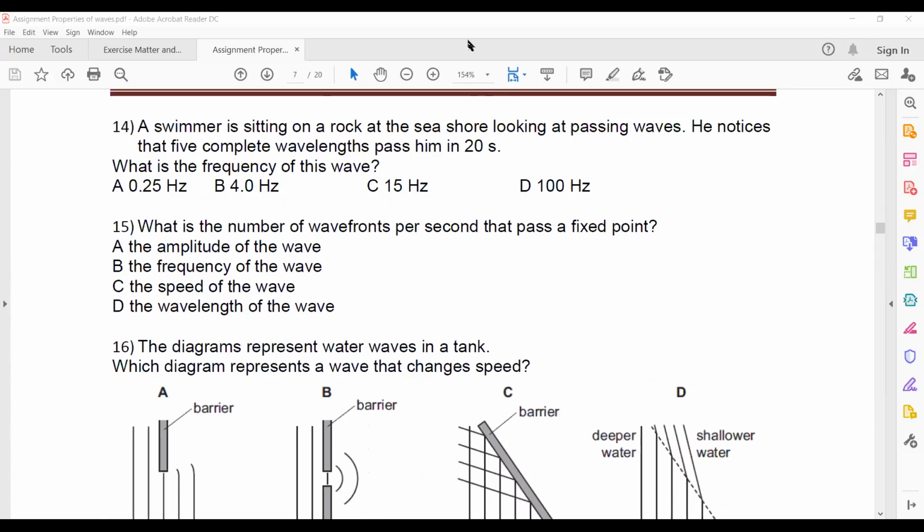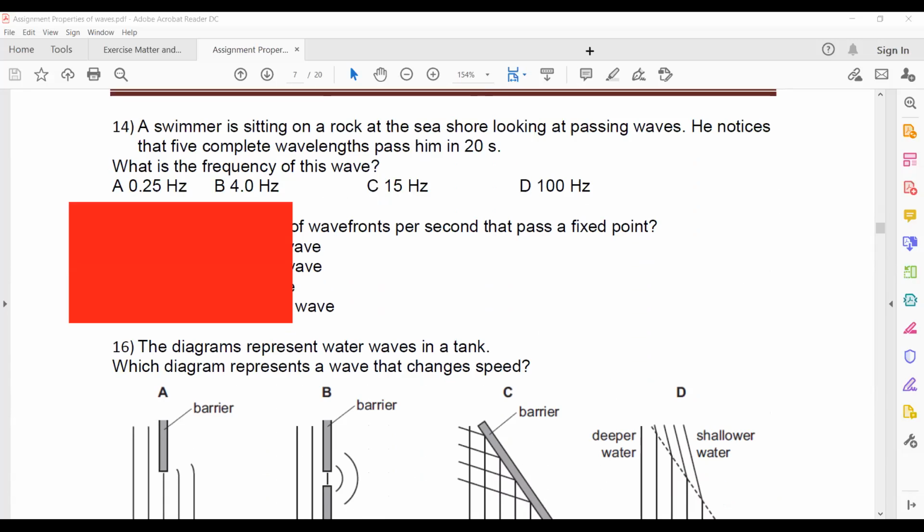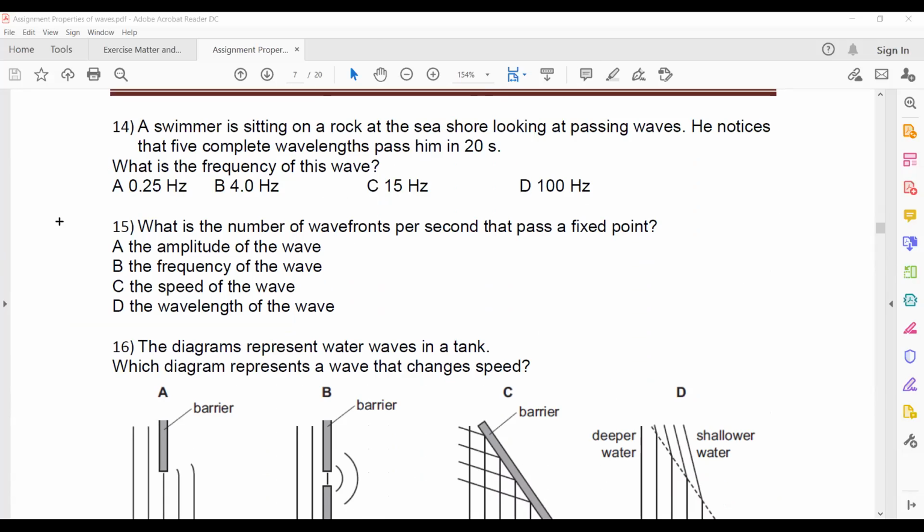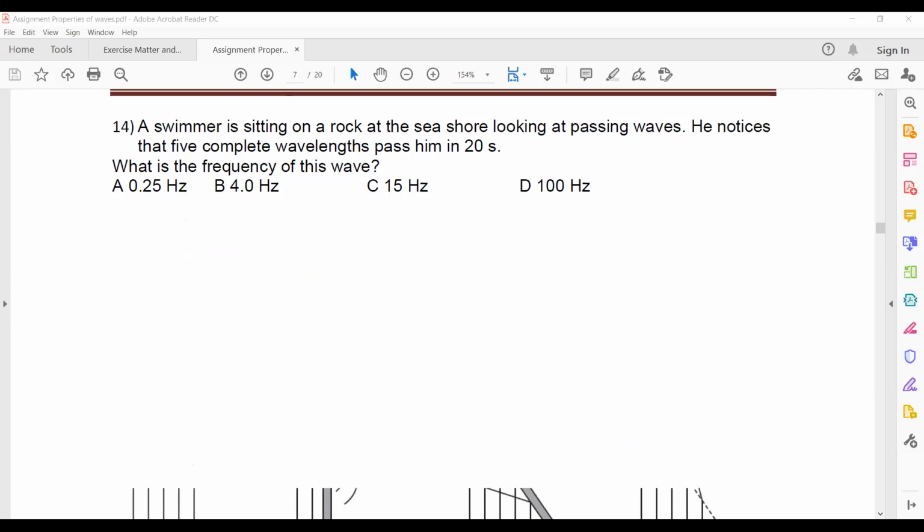The next one, question 14. I want you to answer question 14. Five complete wavelengths means 5 waves.